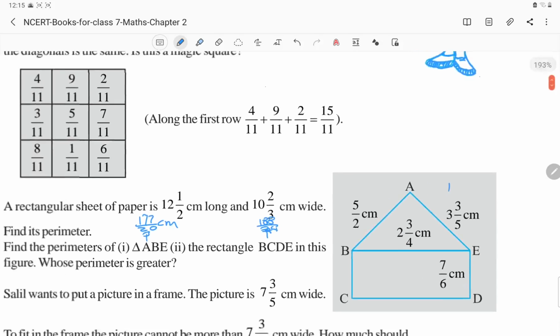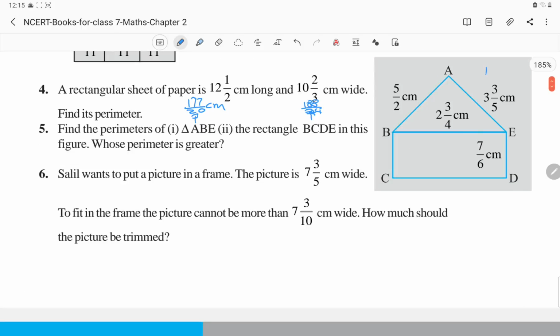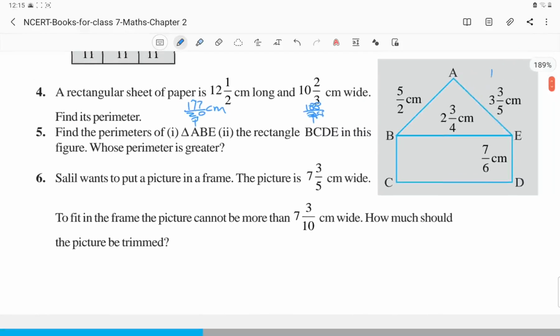Okay, now we finished that question pretty quick, I think, because that was pretty simple when you get to understand the question. Now the next one we'll be doing is six.